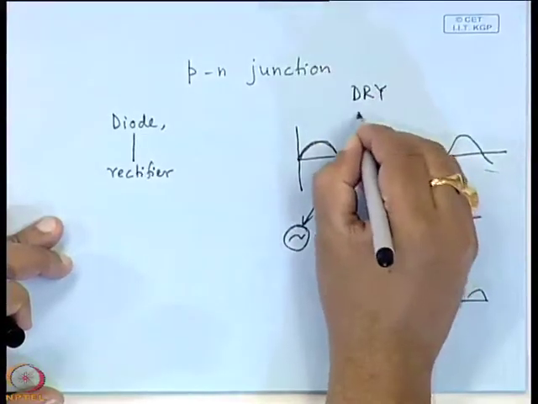The temperature required is 1000 to 1200 degrees centigrade for silicon. Then you have to pass either dry oxygen or vapor plus oxygen, because oxidation can be of two types. One is dry oxidation, another is wet oxidation.